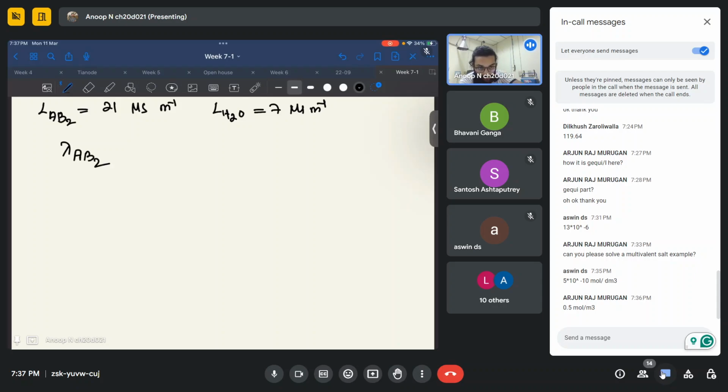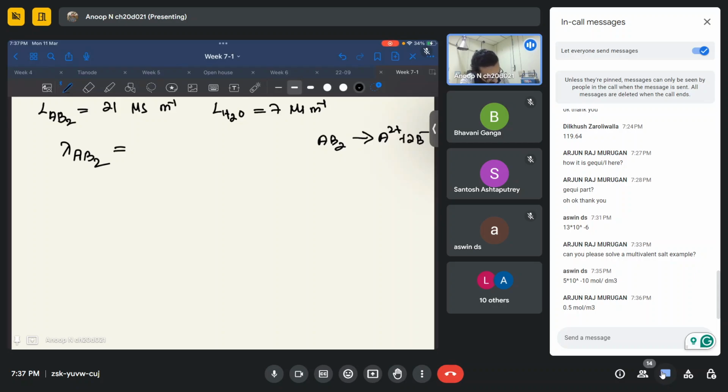Yeah, Ashwin, you came closer. So it will be 0.5 millimolar. So you just need to check the unit. So how can we calculate lambda AB2? What is the reaction here? AB2 will be giving A2 plus and 2B minus, right?